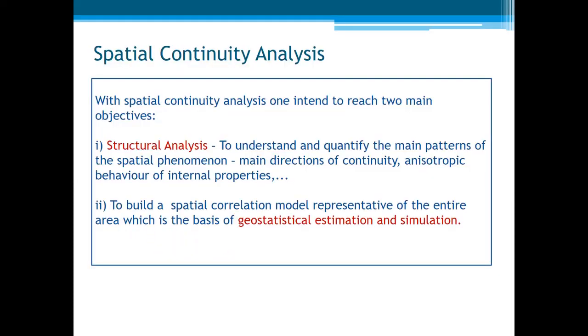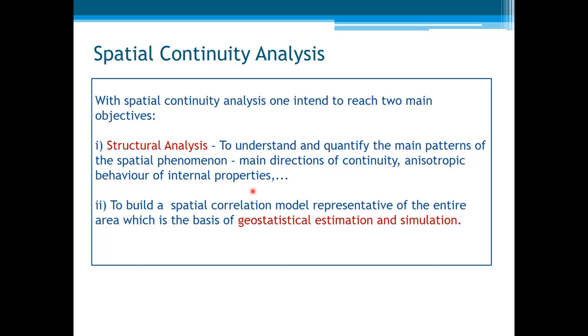As you have already seen, with spatial continuity analysis, one intends to reach two main objectives. The first one, we call structural analysis, whose goal is to understand and quantify the main patterns of the spatial phenomena: main direction of continuity, anisotropic behavior, internal properties, etc. That's what we have seen in the last lectures.